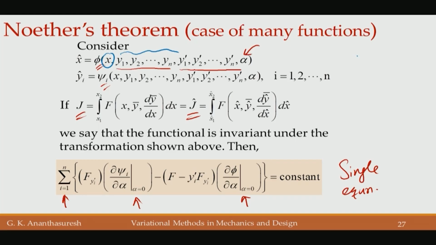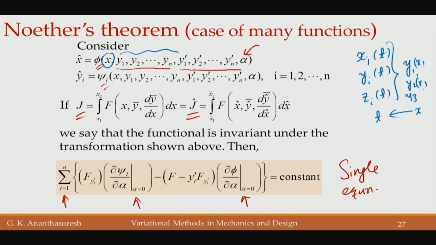That is how we should look at it. So, what we have here are 3 functions xi, yi, and zi, where i goes from 1 to n, and t. So, t takes the role of x on this slide and these are y1, y2, y3, all of which are functions of x.